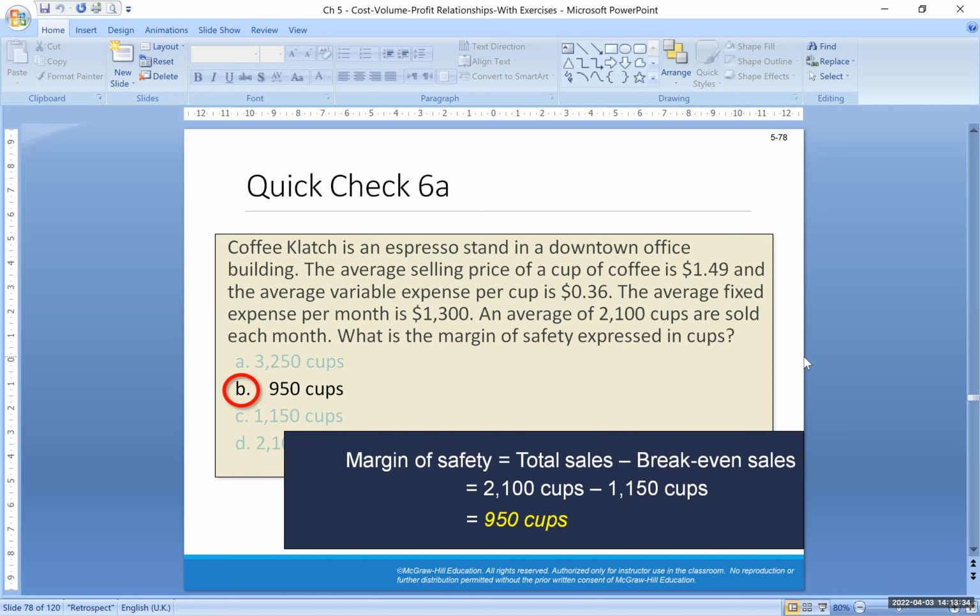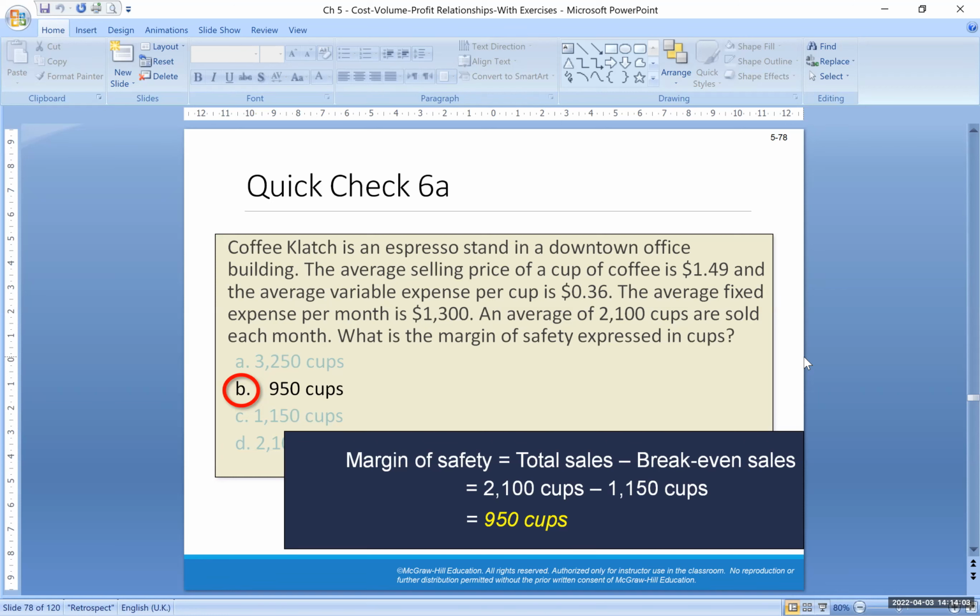Break-even sales in units. If you remember, we calculated this number in a previous quiz, and it was 1,150 units. So the difference between the total sales, 2,100, and the break-even sales, calculated previously, 1,150 cups, will be the margin of safety of 950 cups.